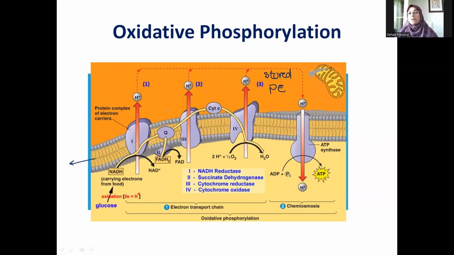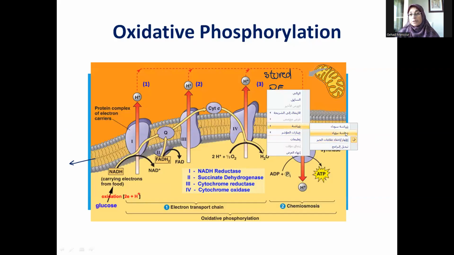I'll open a screen now and recapitulate what we said in a very specific way, because this is an important part. When we talk about the electron transfer chain, there are three types of coupling.